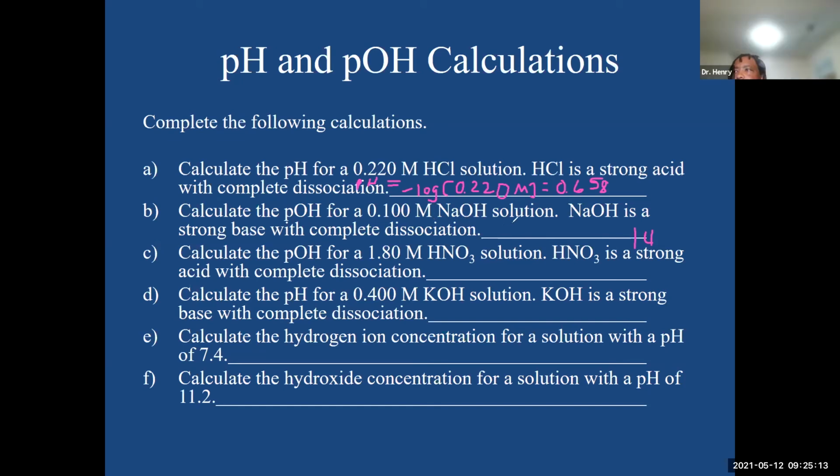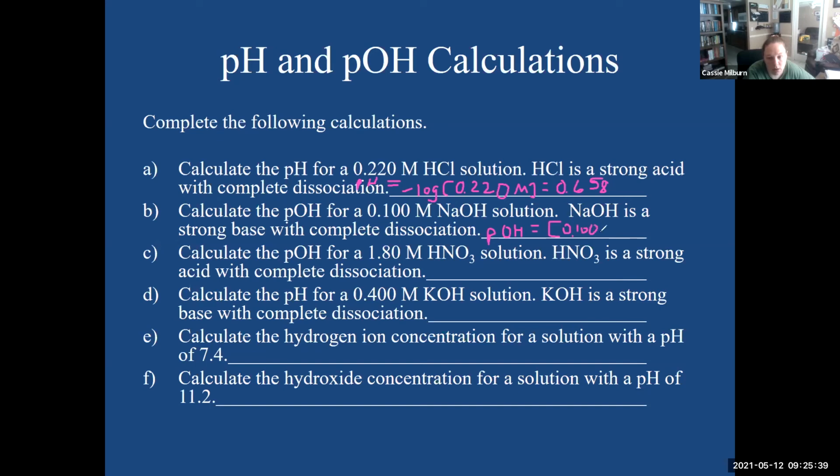Okay, so if we wanted to calculate the pOH for 0.100 molar of sodium hydroxide. Okay. Calculate the pOH of 1.8 molar nitric acid solution.